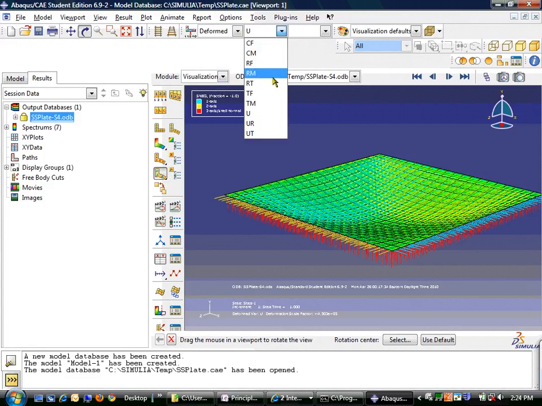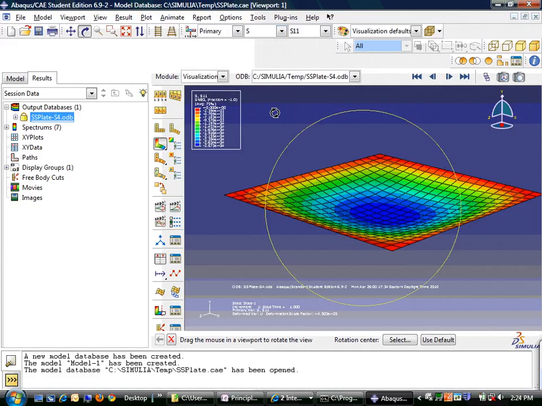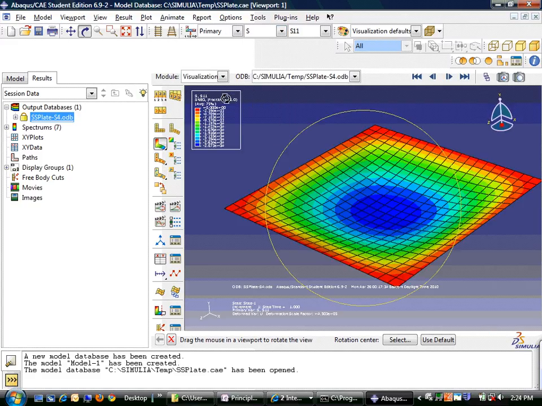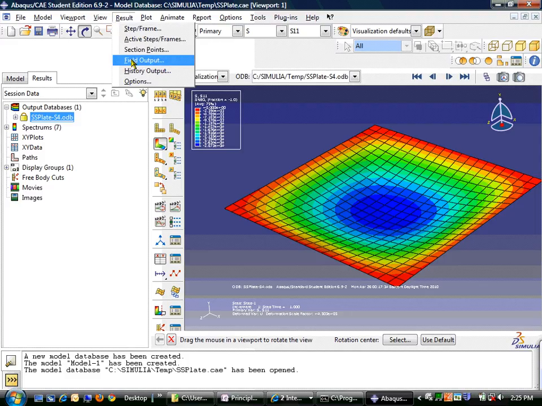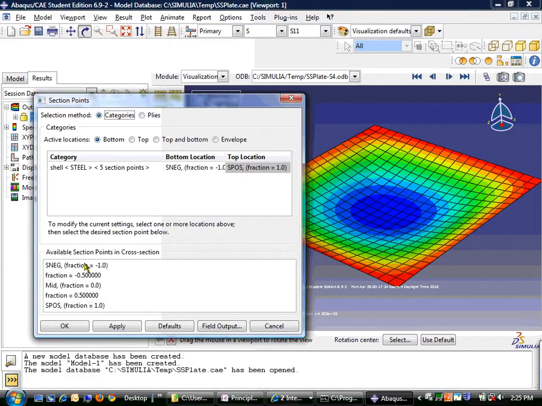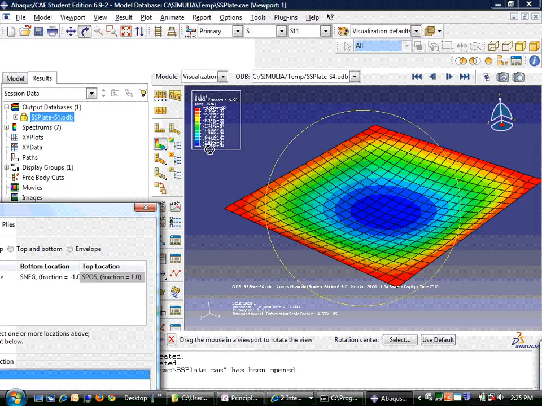Let's go back to plot section points. So the negative face is this top surface, and on the top surface you can see that the stresses are negative, meaning compressive.